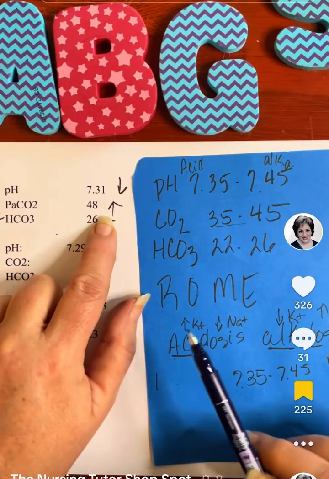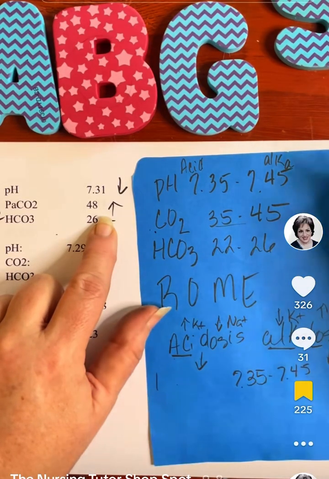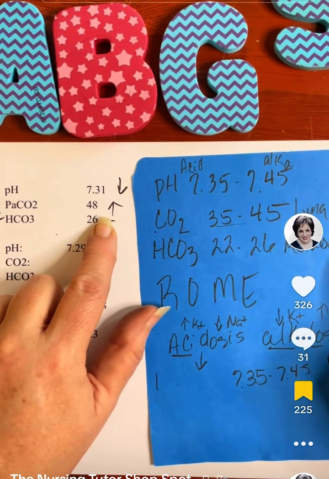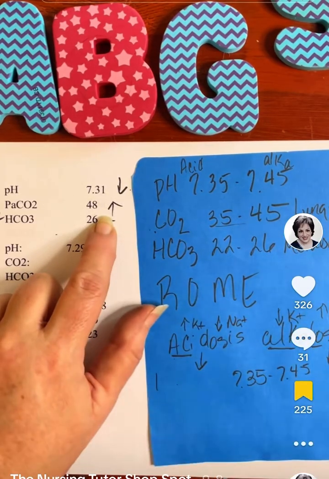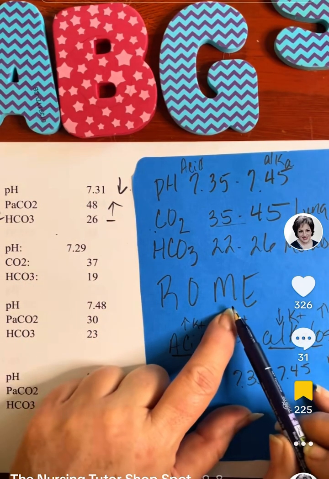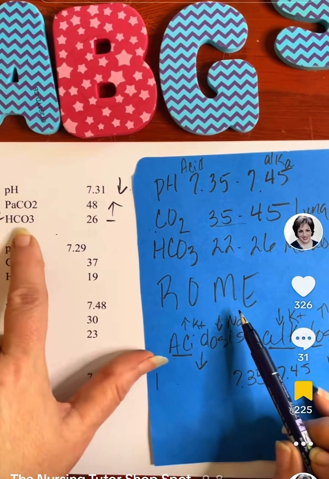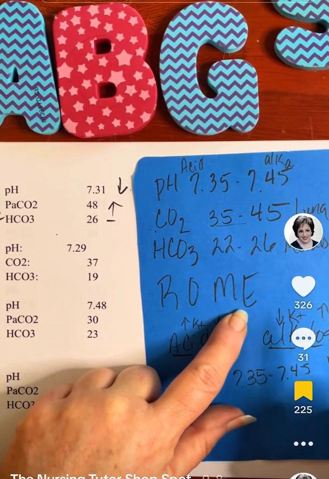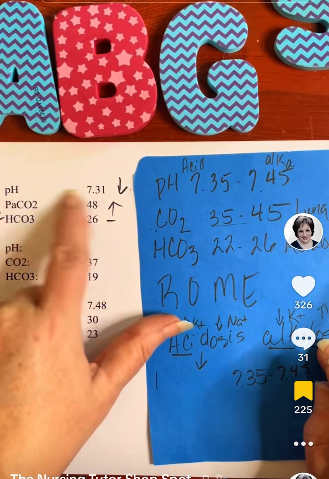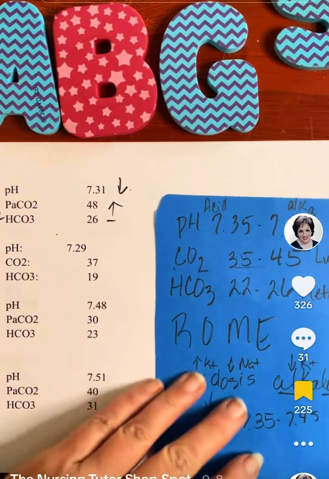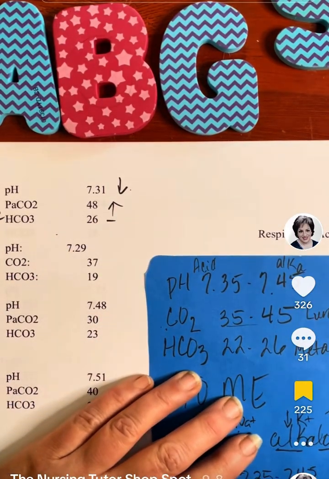And for the problem to be originating in the lungs, the CO2 has to be going the opposite of the pH. For it to be metabolic, the bicarb has to be going the same way as the pH. So for this right here, the pH tells me it's acid and PCO2 is going opposite, so I know it's respiratory acidosis.